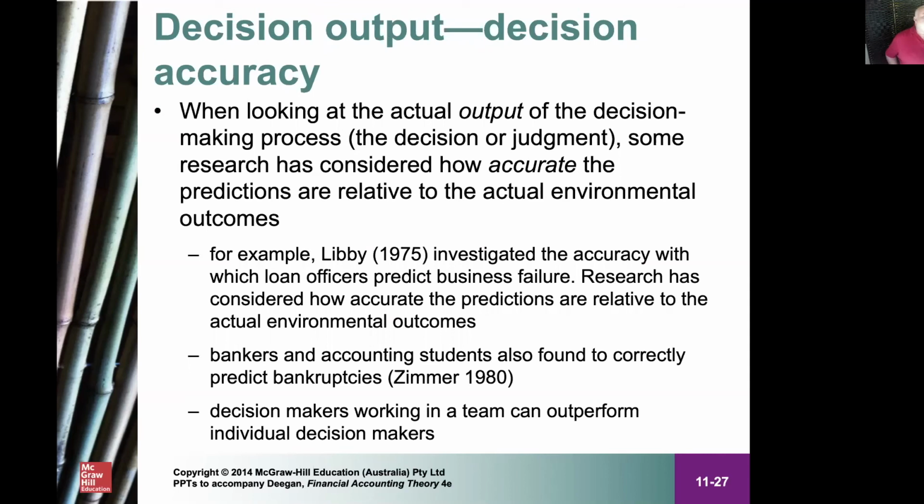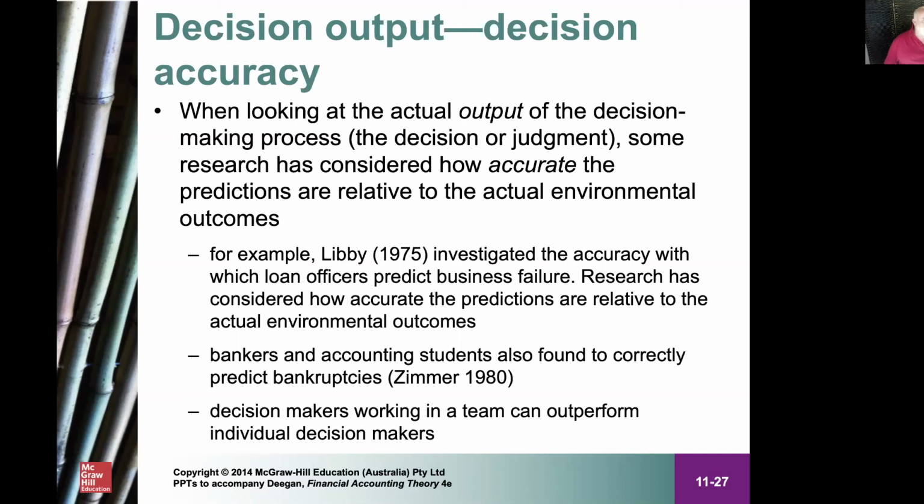So in looking at the actual output of the decision-making process or judgment, some researchers have considered how accurate the predictions are relative to the actual environmental outcomes. Libby investigated the accuracy with which loan officers predicted business failure.